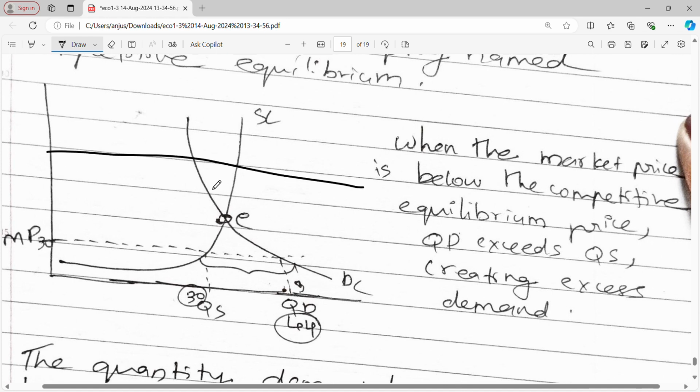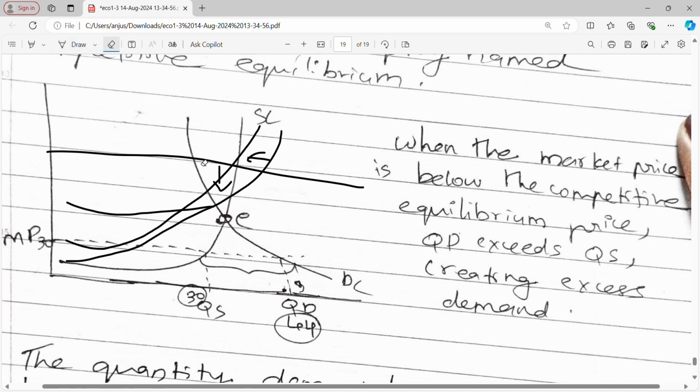It pushes down. First the market price was here, and it pushes down.